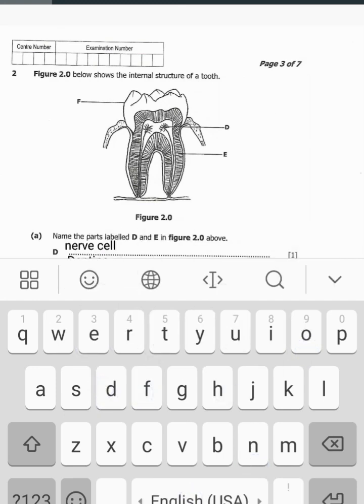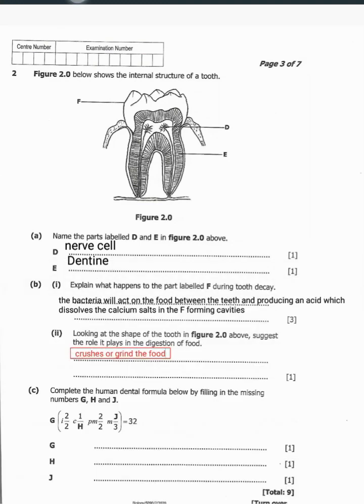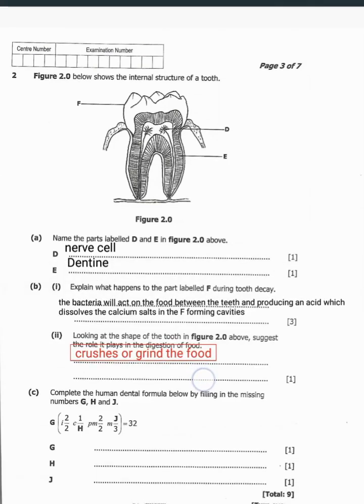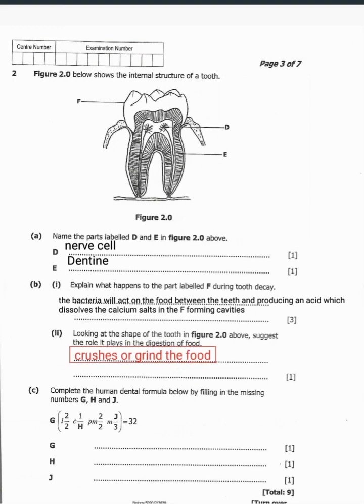The shape will surely tell you what I'm trying to put across. So that is its function during digestion. And you understand that digestion starts from the mouth, because that's where starch is first digested. But we understand that there is mechanical digestion, which involves the action of the teeth in grinding the food.